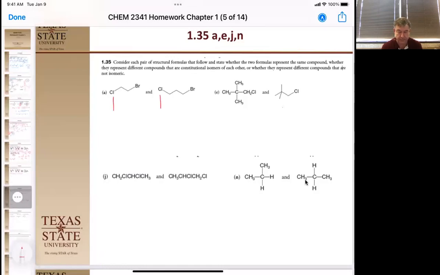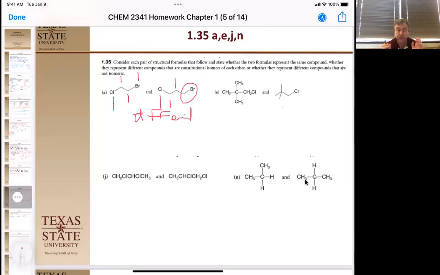Okay, that's the same so far. A CH2, a CH2, a CH2, a CH2, and then a bromine, and oh wait, hold it. We have an additional carbon. We didn't have any other one. So these are different, because one has one more carbon in it than the other.